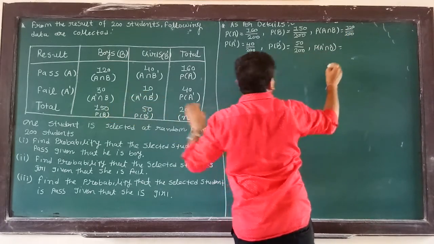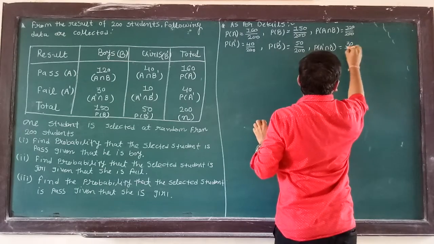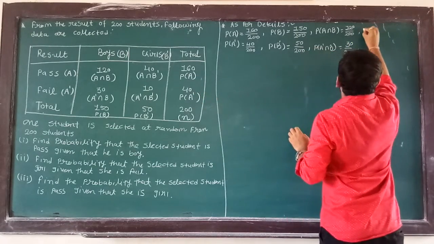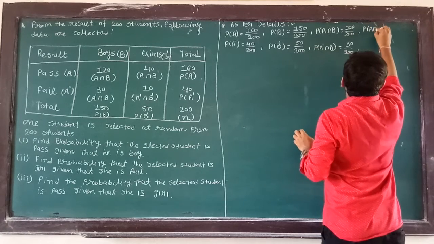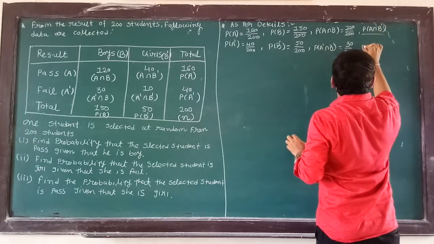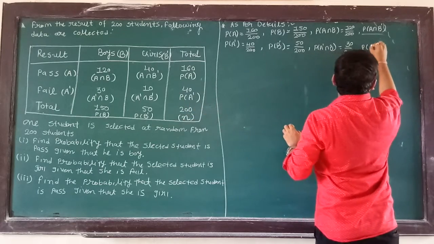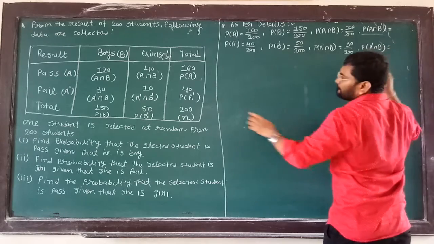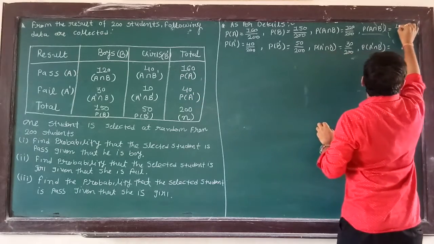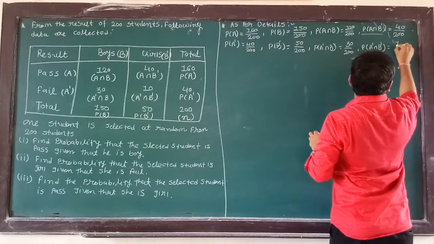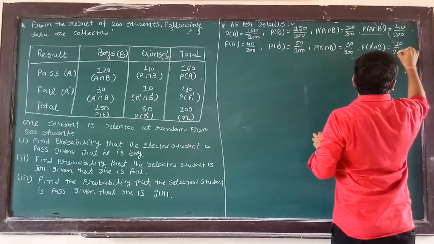Here 30 out of 200. And last, P of A intersection B dash and P of A dash intersection B dash. Here it is 40 upon 200 and 10 upon 200.